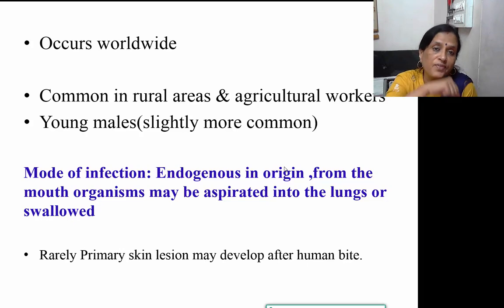So on the hand we have seen it following bite. That is how it is transferred from the oral cavity or the crypts, transmitted through the site of injury on the hand following bite.